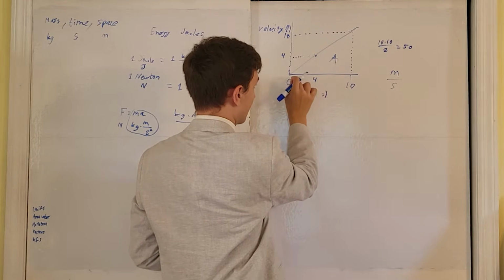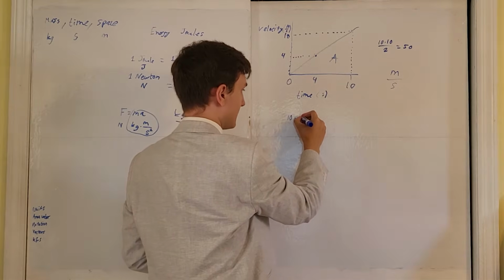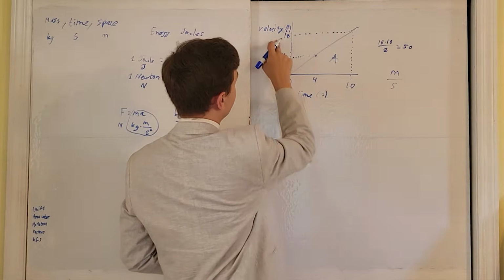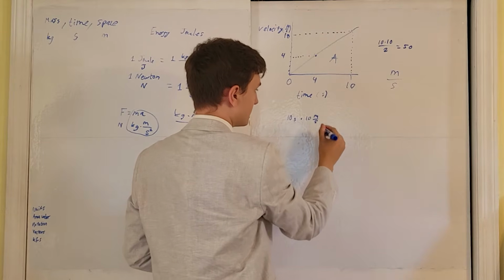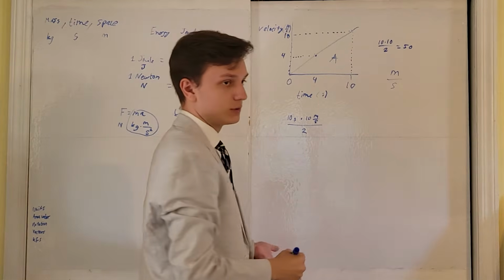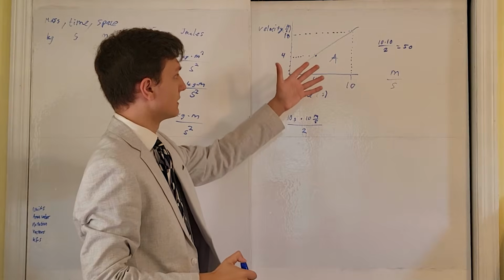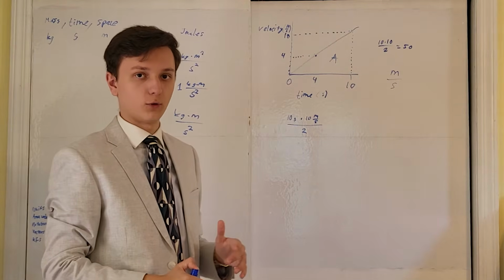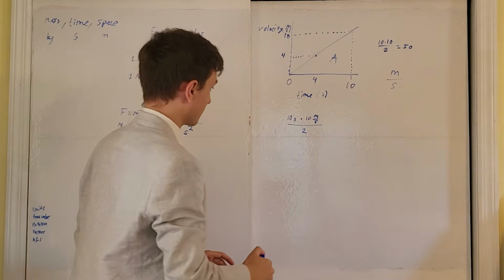We're doing our x-axis 0 to 10, which is in units of seconds, times the height of our y-axis, which is 10 meters per second, and we're dividing that by 2. And the 2 does not have units because it is simply a constant in the triangle area formula. It is not participating in the graph, okay?